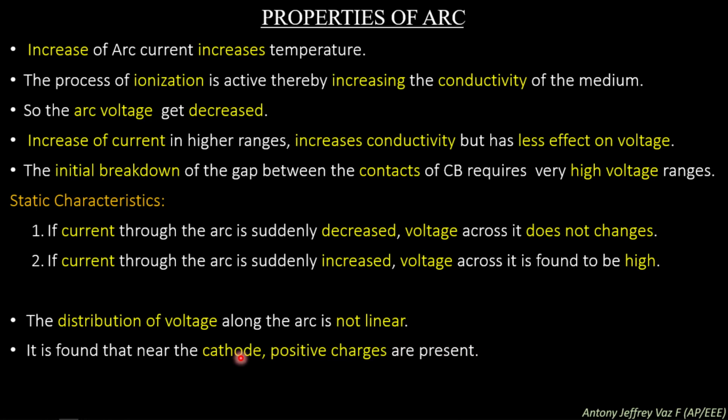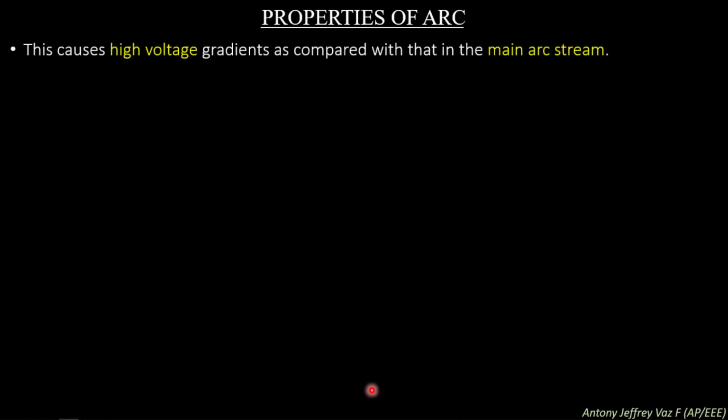Near the cathode contact of the circuit breaker, positive charges get accumulated in the arc. Similarly, near the anode contact point, negative charges get accumulated. This causes high voltage gradients as compared with that in the main arc stream.